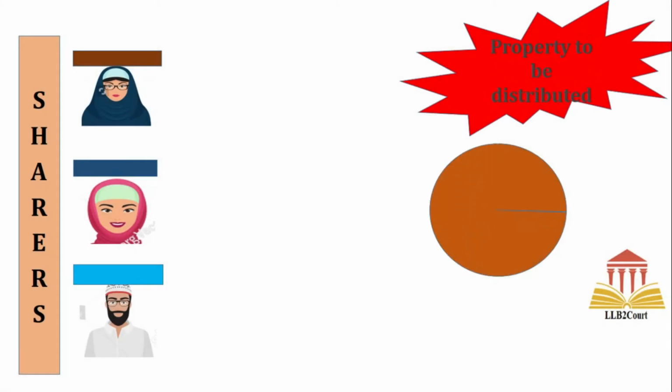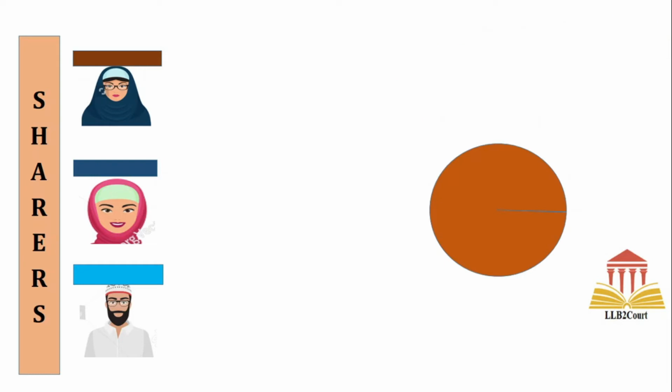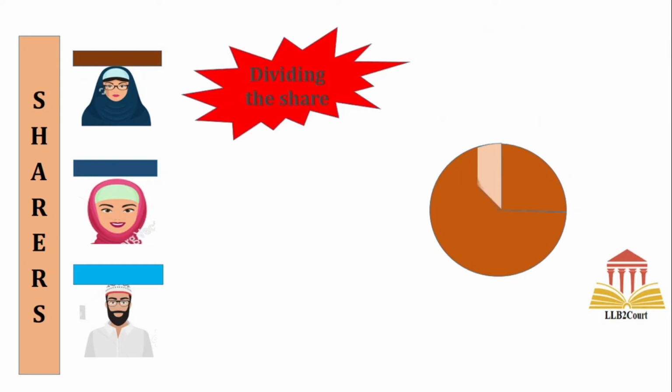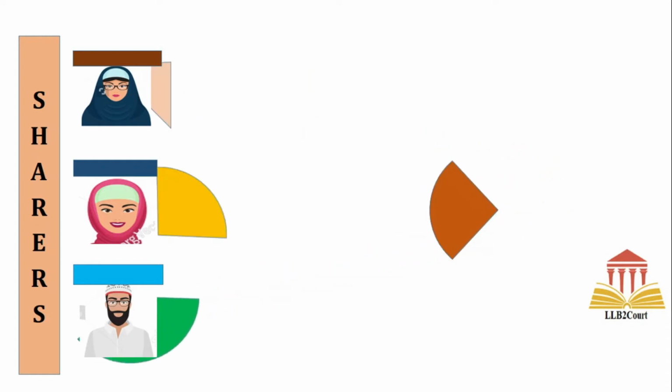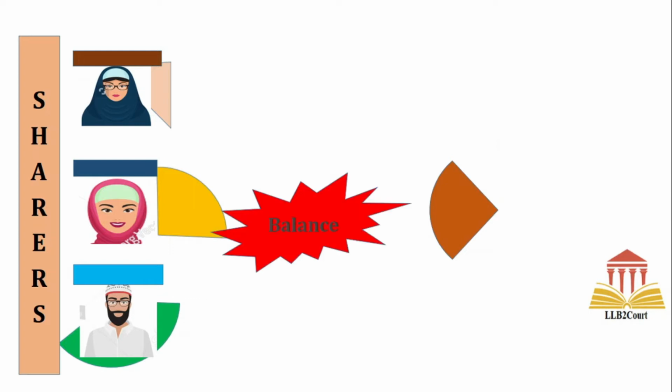Let's assume this circle is the property which needs to be distributed, and we have three sharers. So we will divide the property now according to the fixed and unequal shares. When you divide it unequally, what happens here is you distribute it, and there is a balance, a residue left in the property.